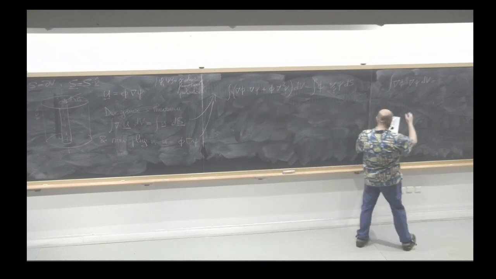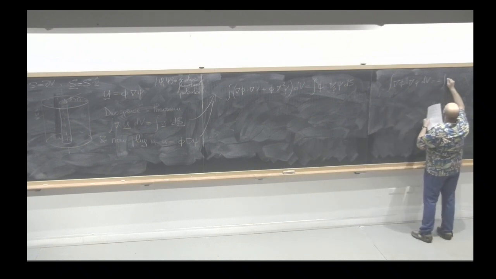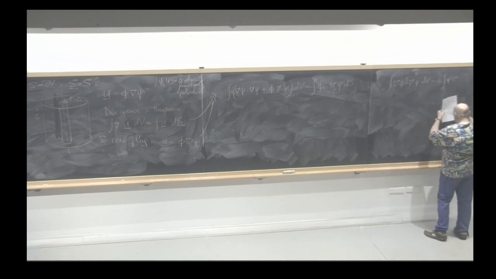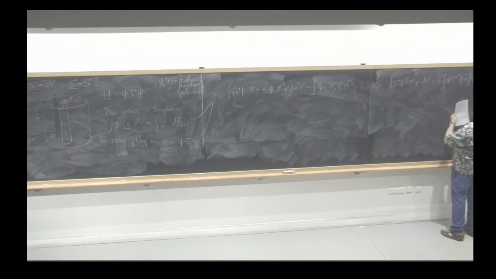Forgive me, I keep going like this. And then there is a minus psi. I swap phi and psi. Phi plus the integral of psi, the normal derivative along nu of phi in dS.